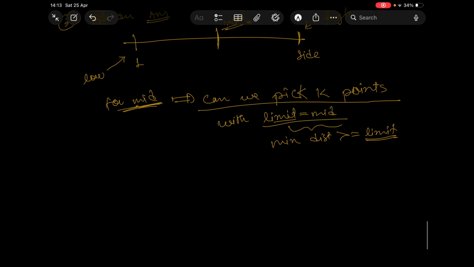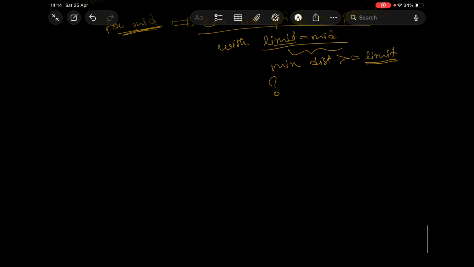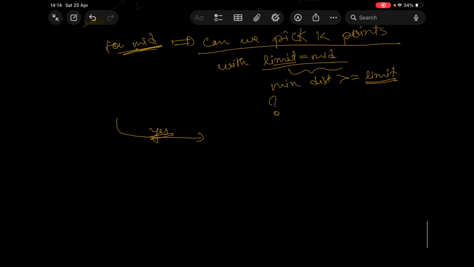So can I pick? If I can pick it, yes, then with this limit I was able to pick k points. So I would say, okay, this can be one of my possible answers. So I can update the answer with this mid.